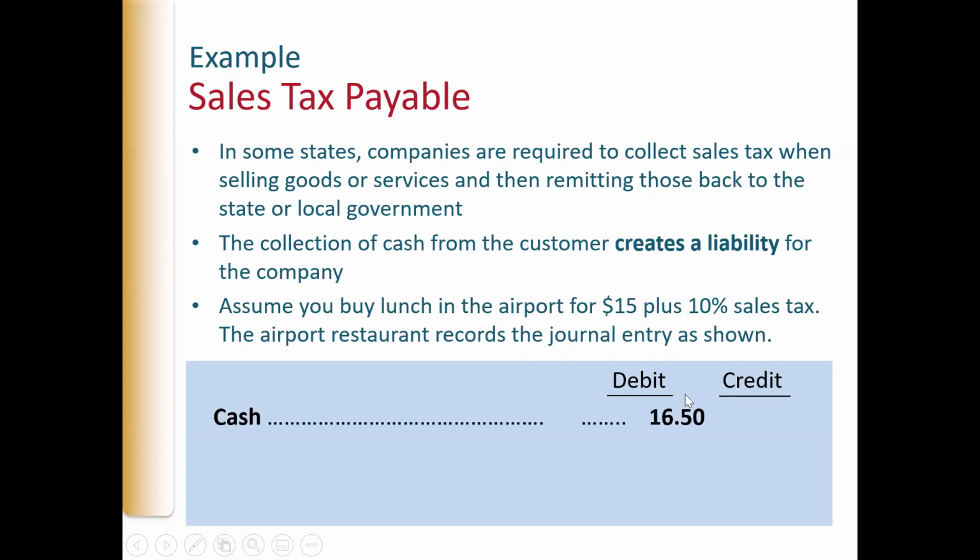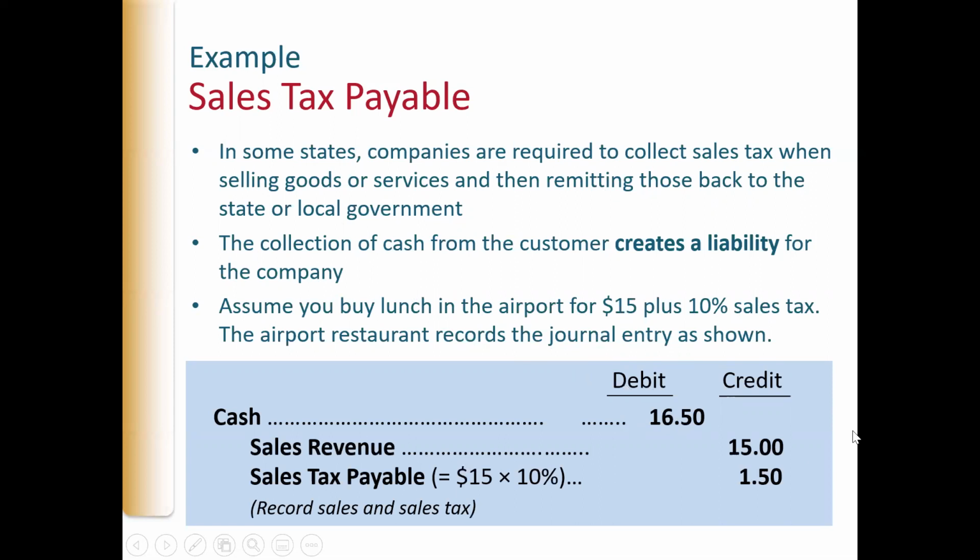So the company actually collects $16.50. But the revenue portion is only $15. The sales tax that's payable to the state is $1.50. So no, it's not all revenue. It's the portion that's revenue, and the other portion is credited to sales tax payable.